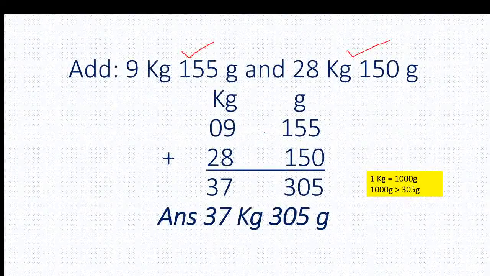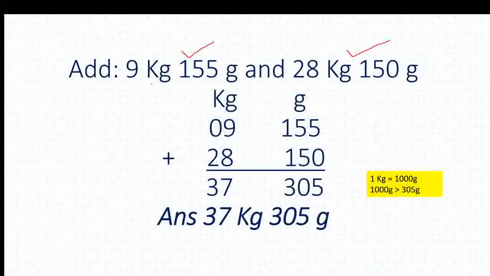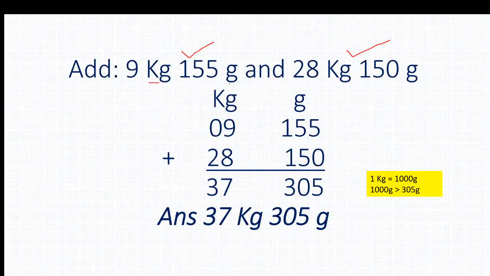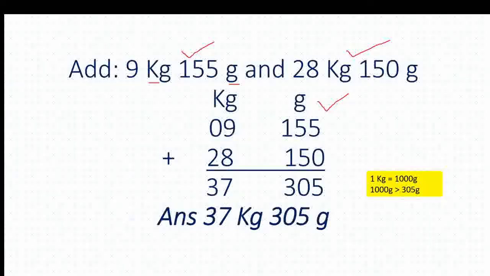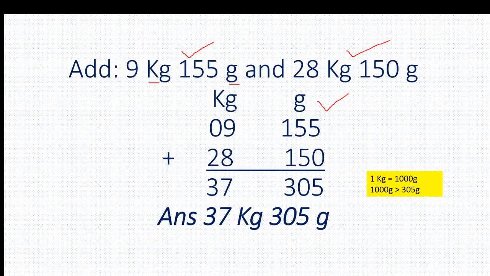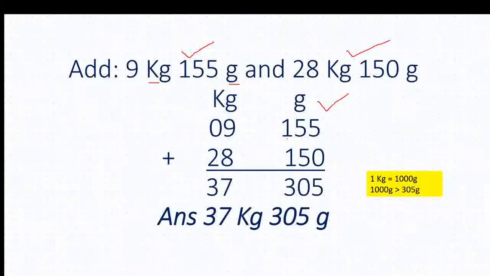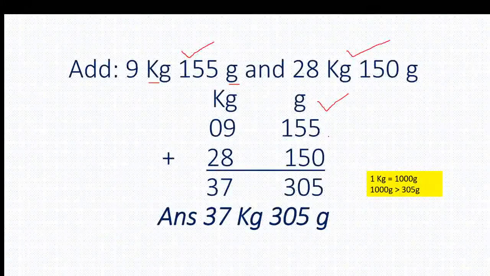For addition, the first step is to write the units. Kg is written and here gram, so I have written kg and gram over here. Before kg, 9 is written, so I have written 9 under the kg column, and before gram 155 is written, so I have written 155 under the gram column.